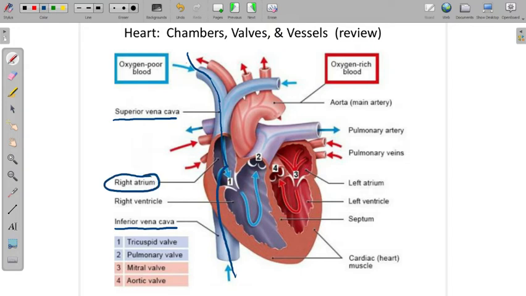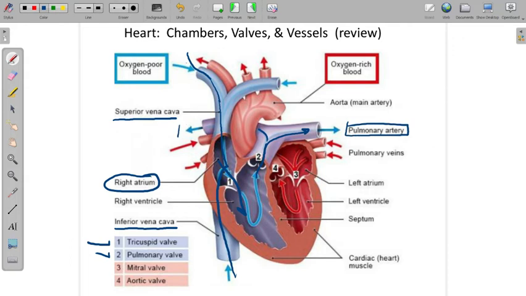And from there it goes through the first valve, which is the tricuspid valve, or the right atrioventricular valve, goes into the right ventricle, gets pumped out when the ventricles contract, out through the second valve, which is the pulmonary or the pulmonic valve, and this is going out the pulmonary trunk, and these are going out to the pulmonary arteries, right and left.